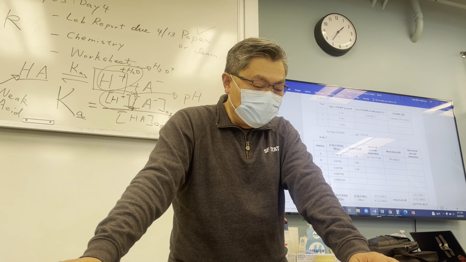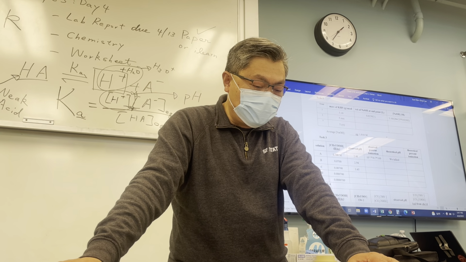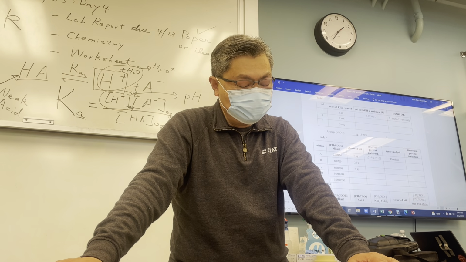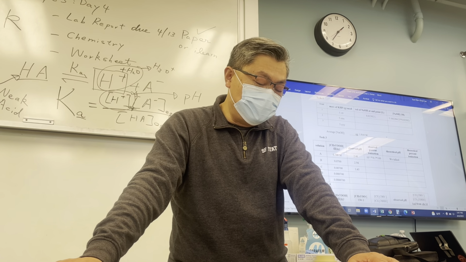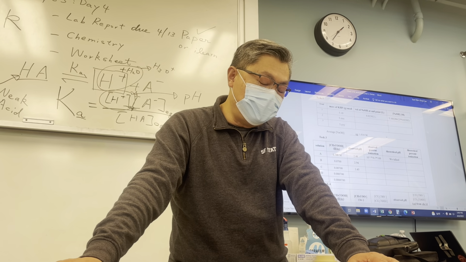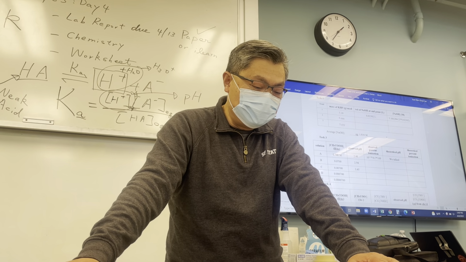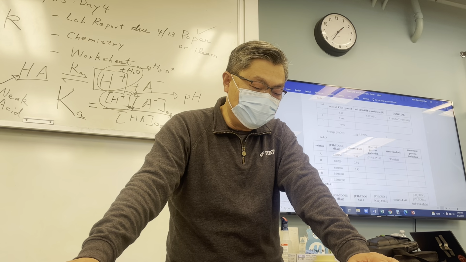Anyway, because the solubility of KHP is 10.2 grams per liter, that's the most you can dissolve. So we follow that maximum solubility. That means 10.2 for 1 liter, but we are not using 1 liter.